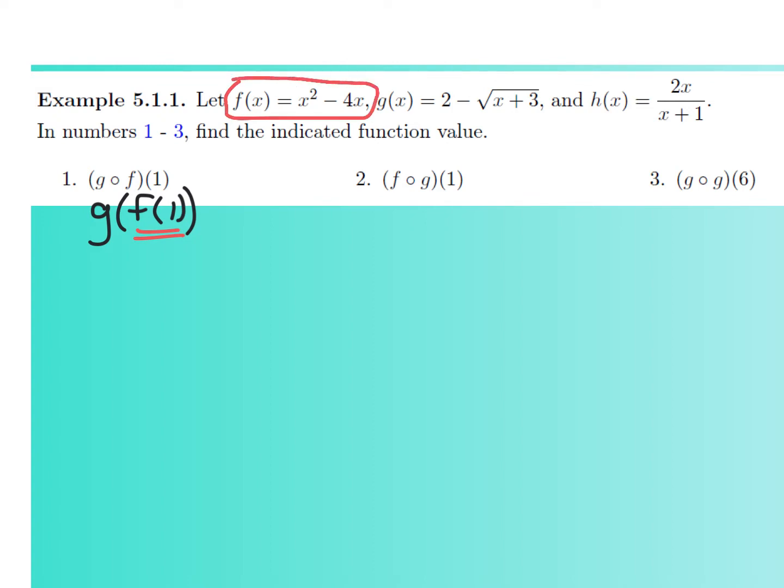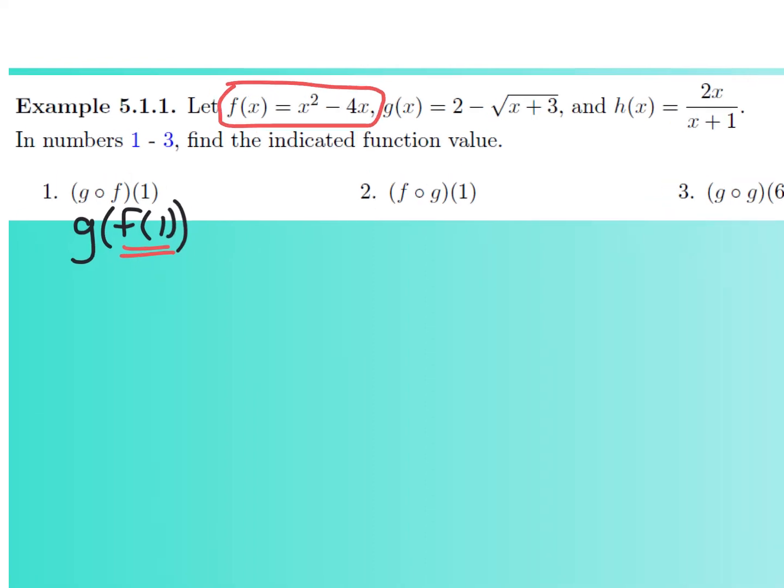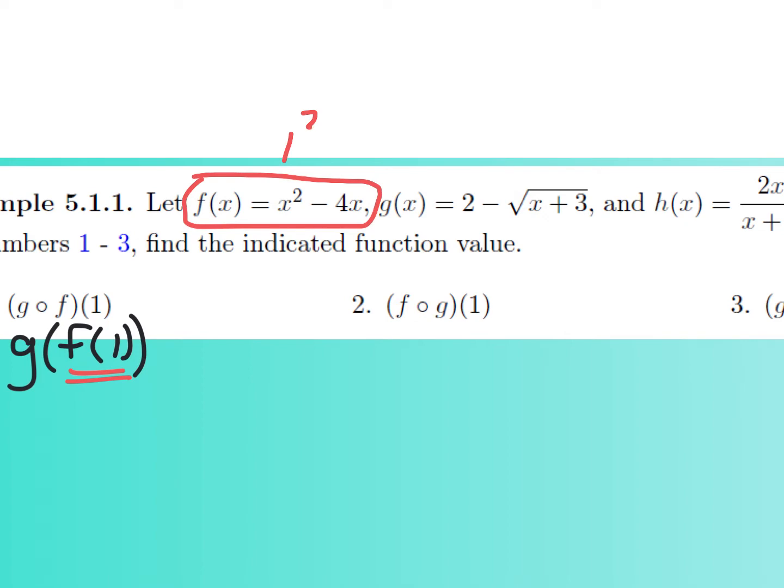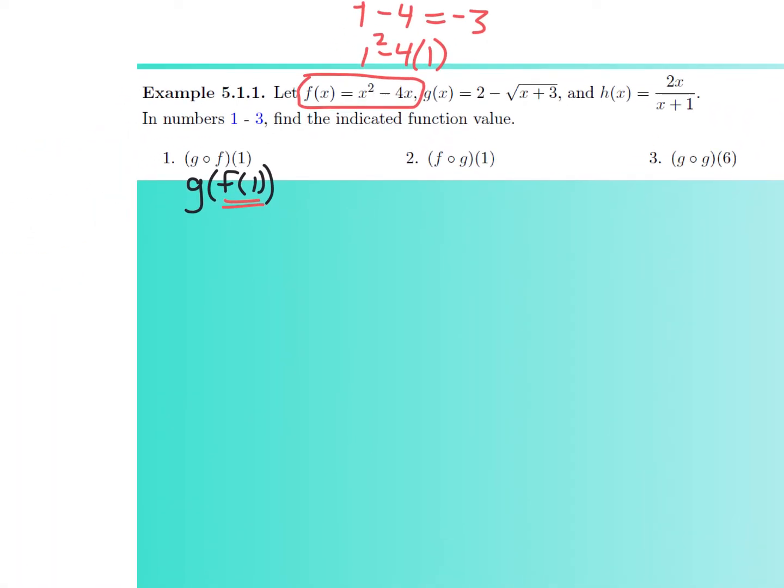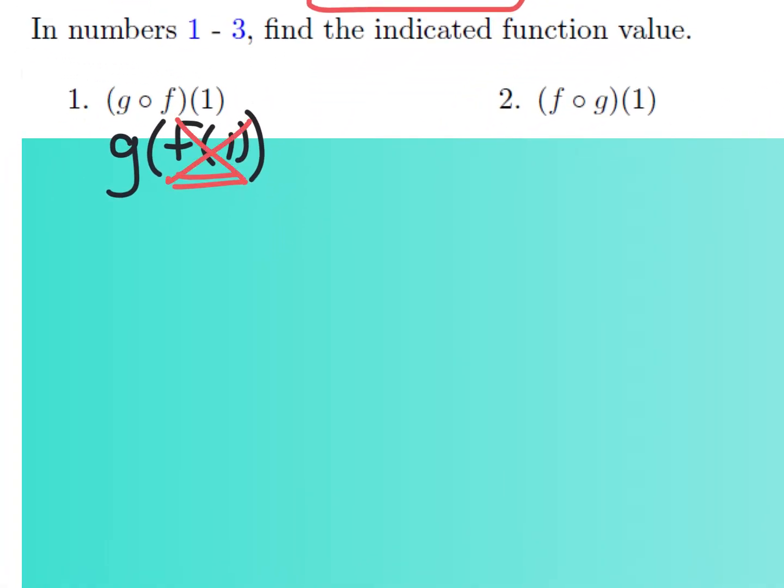When you put a 1 in there, Zoe, what do you get? 1 minus negative 4. 5. Sorry, I put you on the spot. 1 squared minus 4 times 1 is 1 minus 4, which is negative 3. Okay, so negative 3 is what you get here. And then it's g of negative 3 is the next problem. It's like you just keep going from the inside out.